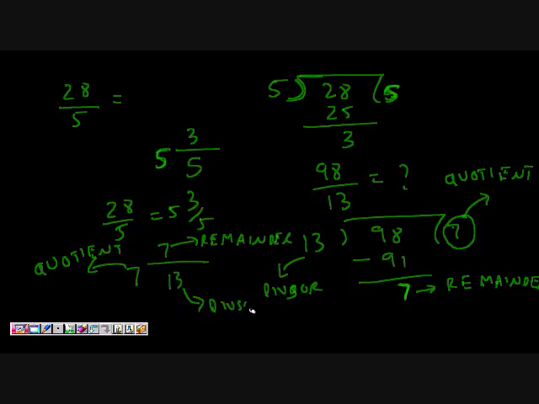So we can write 98/13 as 7 and 7/13. So it's the quotient as the whole number, remainder as the numerator and divisor as the denominator. So 7 and 7/13 is the same as 98/13.